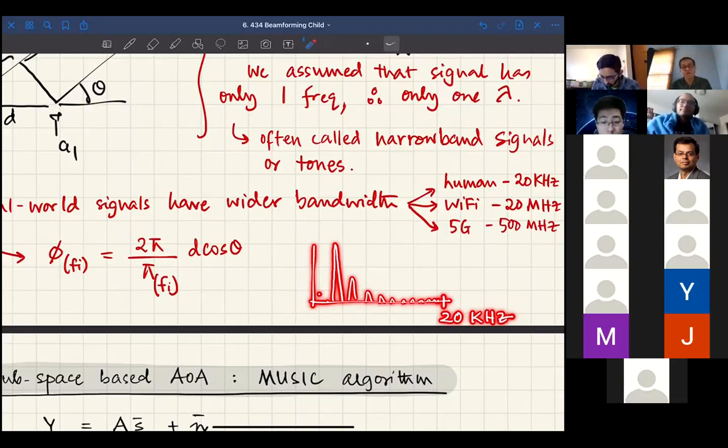And now if I ask, how are you going to do phase if you have only one value that you can turn at your antenna? You can change your antenna signal, give a phase shift with only one phase phi. Maybe the best thing to do is to use the lambda corresponding to this frequency, because that frequency has the highest energy.